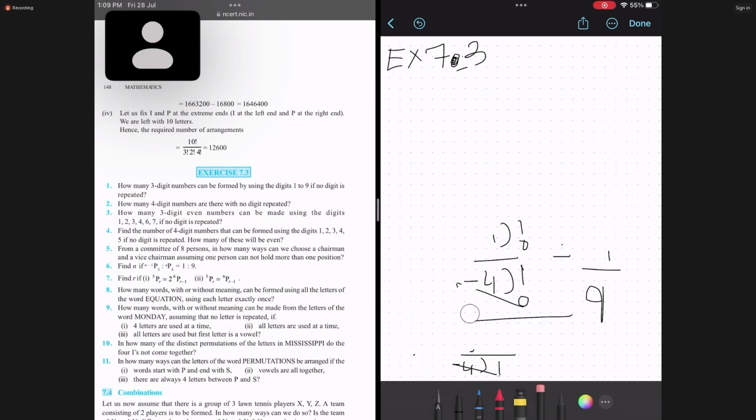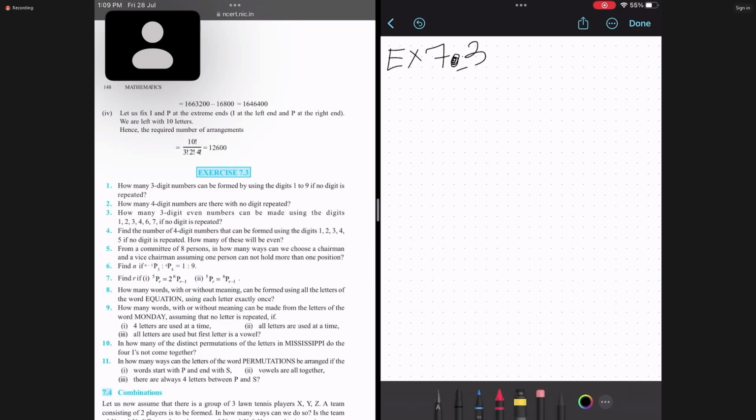Moving on. Now we have question number 7. In question number 7, we have to solve for 2 parts.